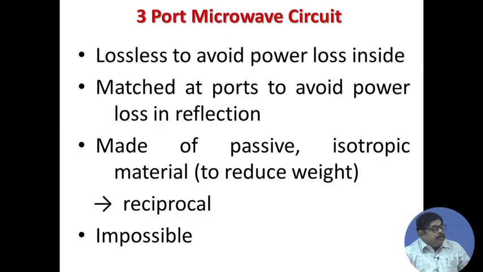Also, there is a need that these devices be made of passive and isotropic material, because then their weight is less. In many modern day applications, these microwave devices need to be microwave electronic circuitry, and day by day they are becoming miniaturized and lightweight.